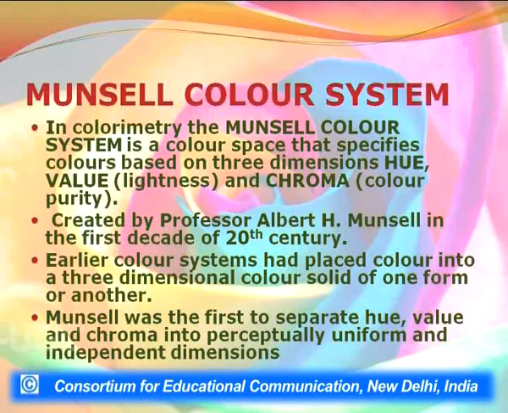The next is the MUNSELL color system. In colorimetry, the MUNSELL color system is a color space that specifies colors based on 3 dimensions: hue, value and chroma.